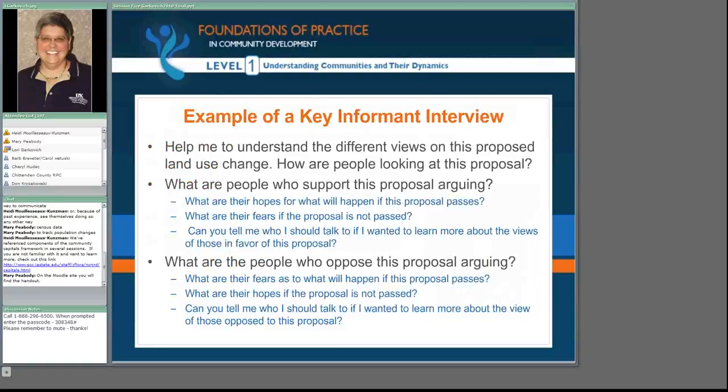Let me give you an example of some ways in which key informant interviews have been used in our state. They helped me to understand different views on a proposed land use change. How are people looking at that proposal? To convert a farm, for example, to a residential subdivision.